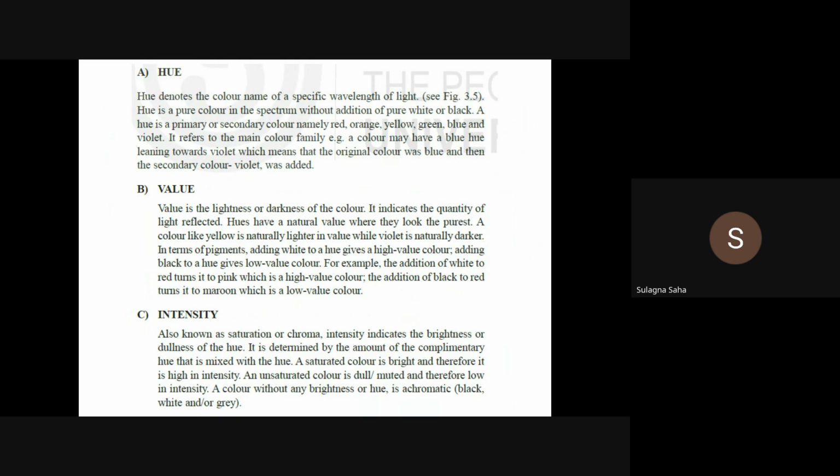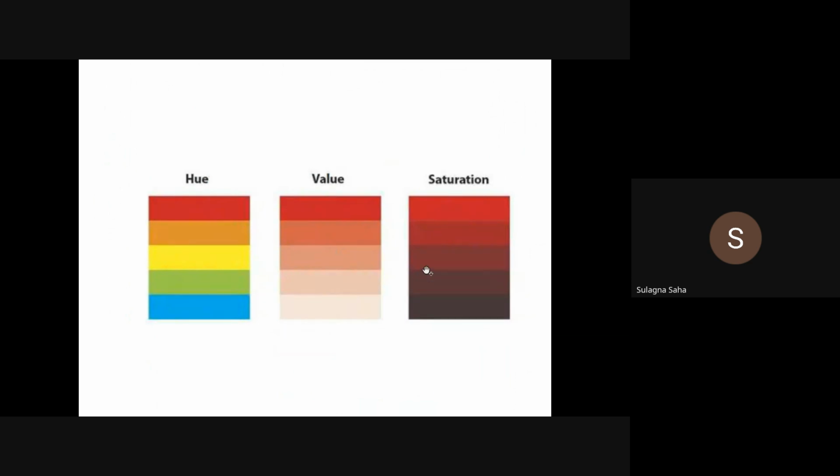The more you add the complementary color to it, or any sort of gray, the lower the intensity. So here we have the higher intensity color, which is red. The more you add gray to it, it reduces the intensity and hence reduces the saturation of the color.